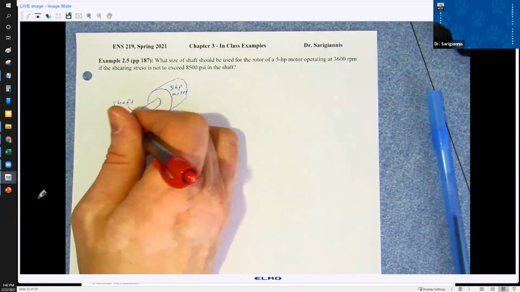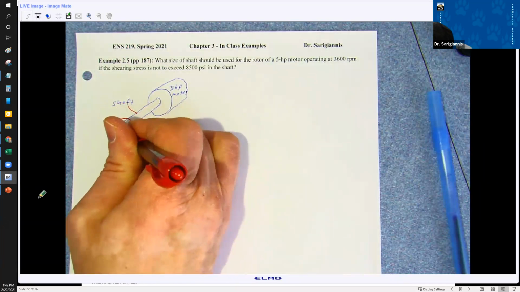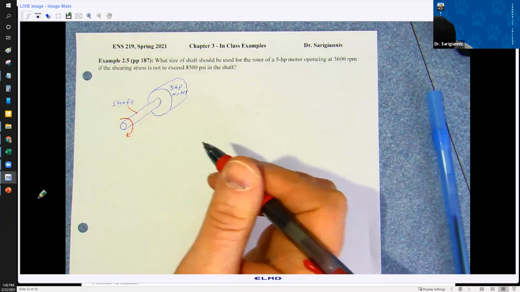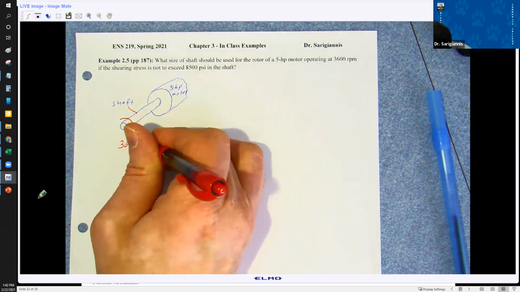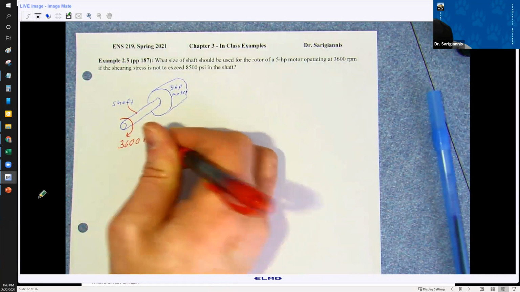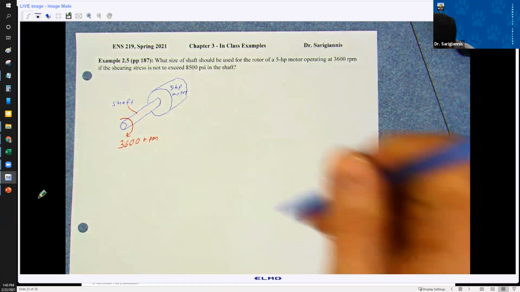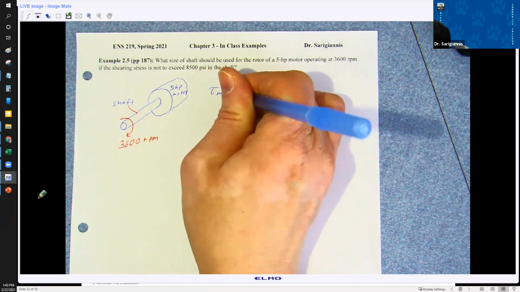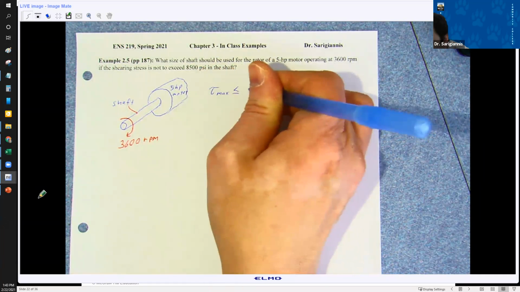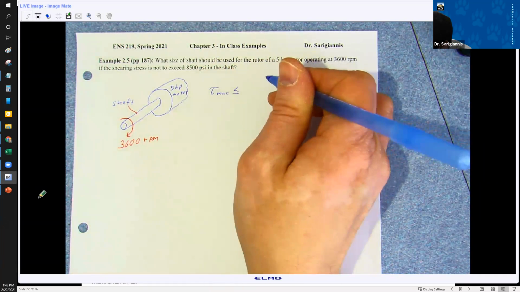And let's just make a red line. And then this is going to be rotating at 3,600 RPM. And tau max needs to be less than or equal to 8,500 PSI.